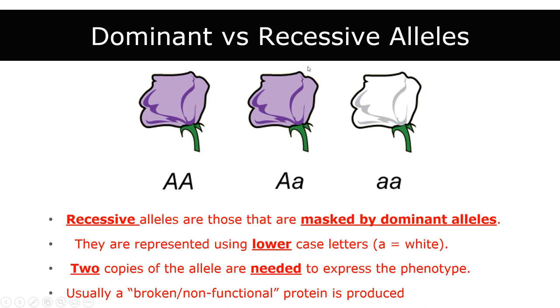In this case, the phenotype is the purple. It's not until you have both copies broken, with both recessive alleles represented by these lowercase letters, that you actually show that recessive phenotype, in which case this would be having no color. Because I have no genes that can make purple pigment, all I have is a white color left behind because I can't make that purple pigment.